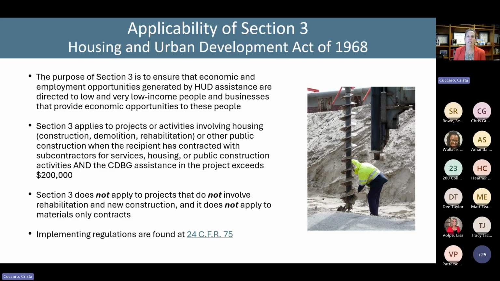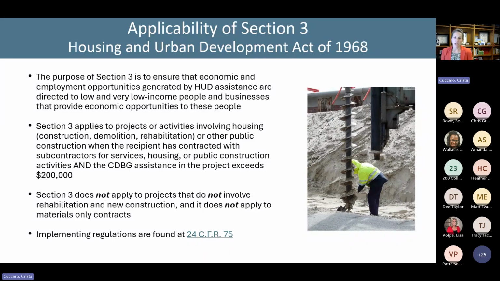And so Section 3 applies to projects or activities involving housing or other construction when the recipient has contracted for services and the CDBG assistance in the project exceeds $200,000. So probably a lot of the projects that you all might be contemplating, I'm guessing, exceed $200,000.